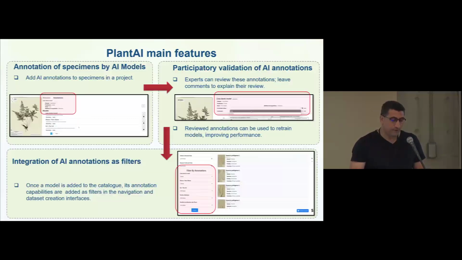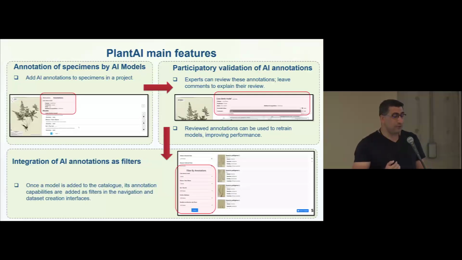In PlantAI, when a model is deployed, experts can use it to annotate specimens in a given project, and then all the experts who are part of the project can review the annotations and leave comments to explain their review if they want.